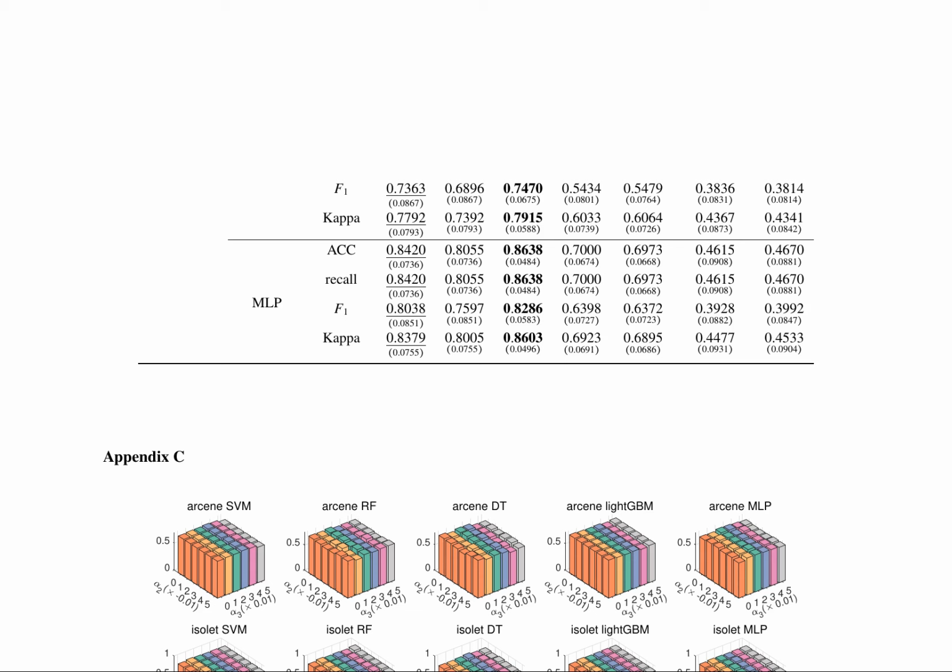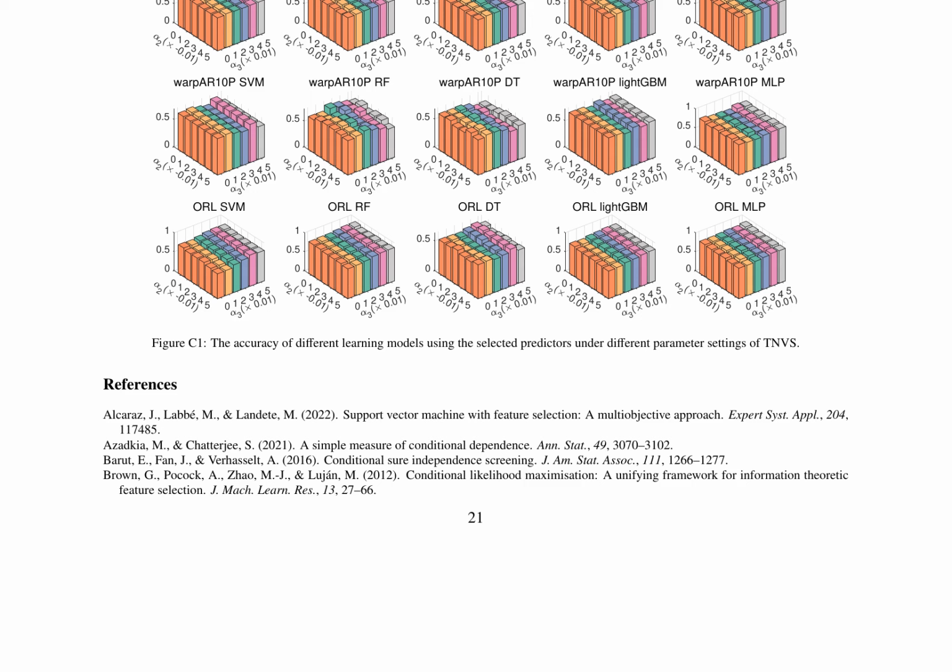The tables display the F1 score, kappa coefficient, MLP accuracy, and recall for each model on the RScene, Isolet, Warpart 10P, and ORL datasets, along with their corresponding standard deviations. The figure, C1, visualizes the accuracy of different learning models using the selected predictors under different parameter settings of TNVs, with the z-axis representing the different models and the y-axis representing the accuracy.